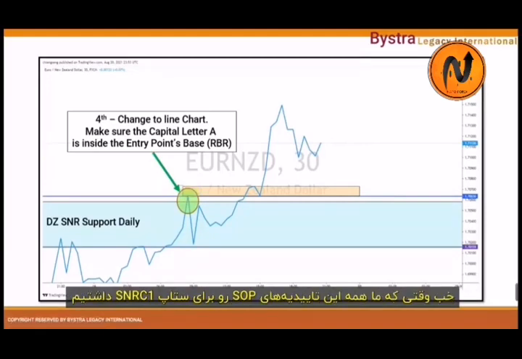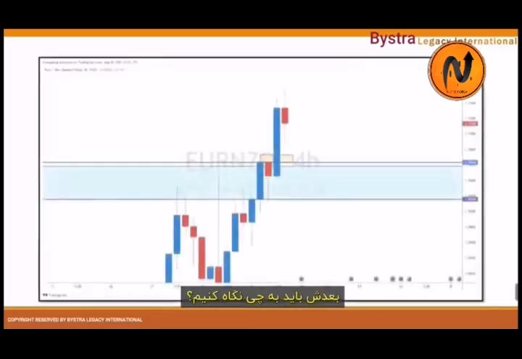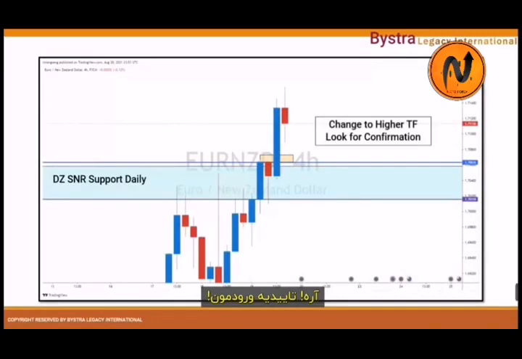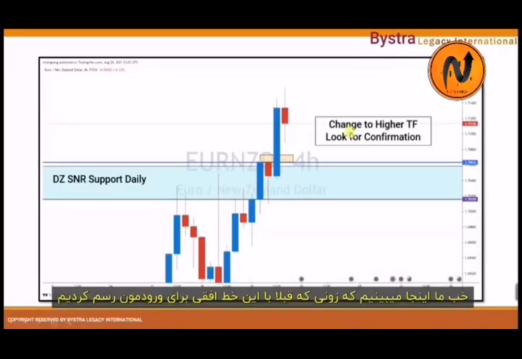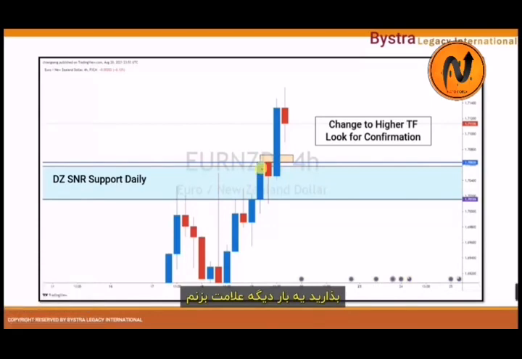Once we have all this confirmation for the SNRC1, what do we need to look at next? Yes, our confirmation of entry. We can see here the zone that we marked earlier for our entry with this horizontal line. This setup is in the bullish engulfing of the body candle. Let me highlight one more time, it is in the body candle.